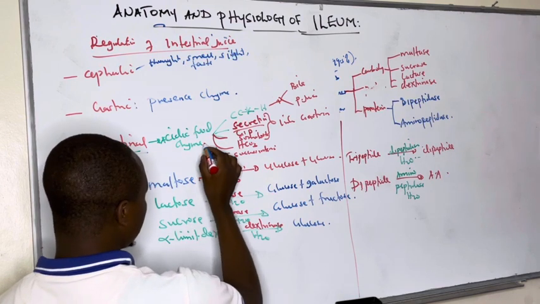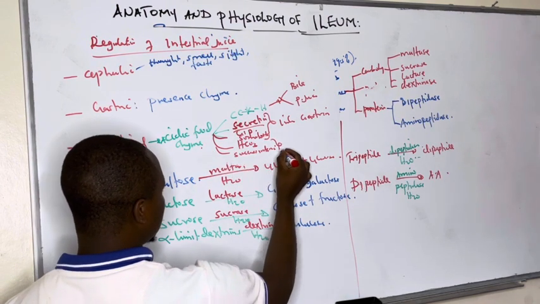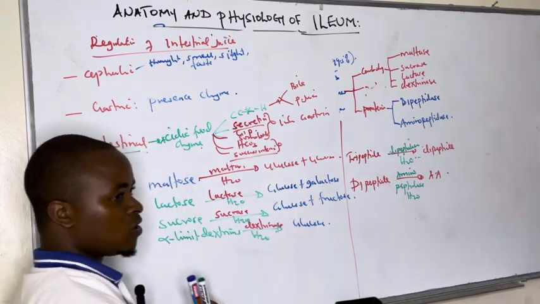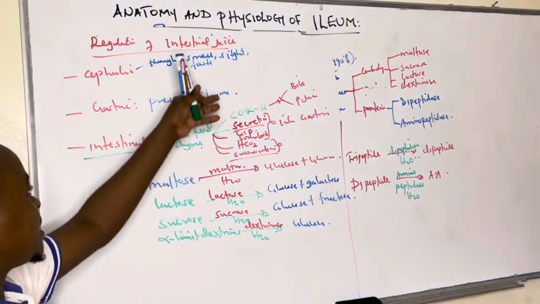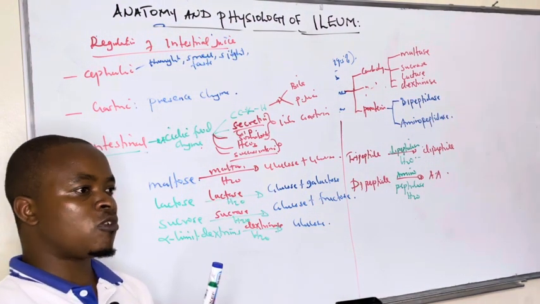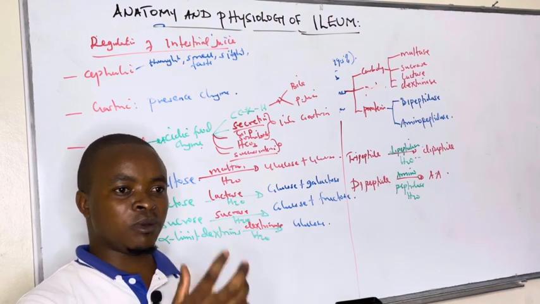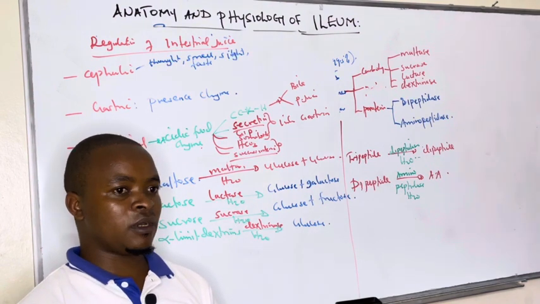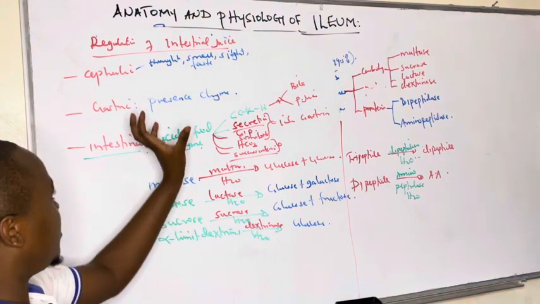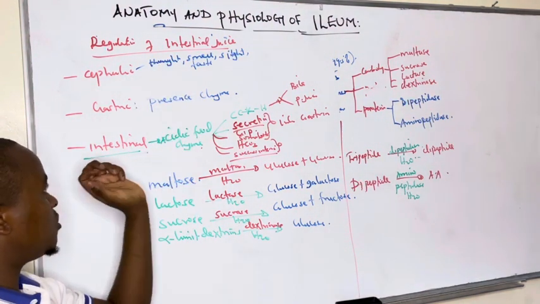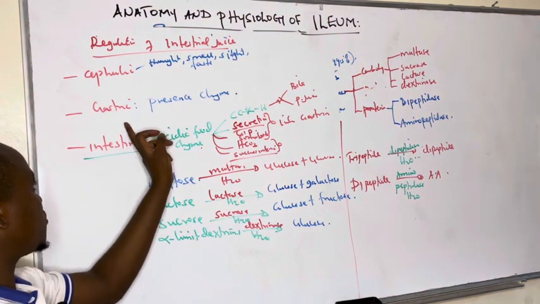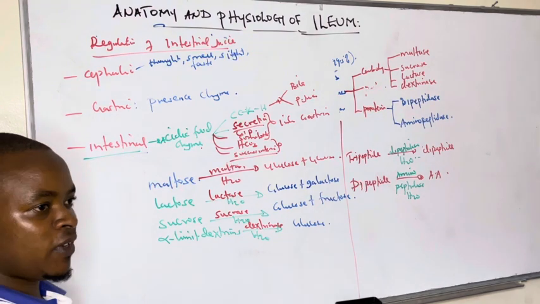Then also they stimulate production of intestinal juice. This control of small intestine secretion is in both the duodenum and ileum. And these are the phases by which it can be controlled: cephalic, gastric, and intestinal phase.